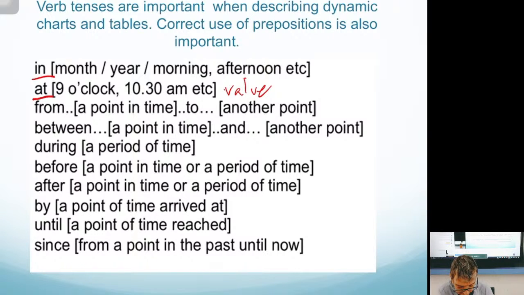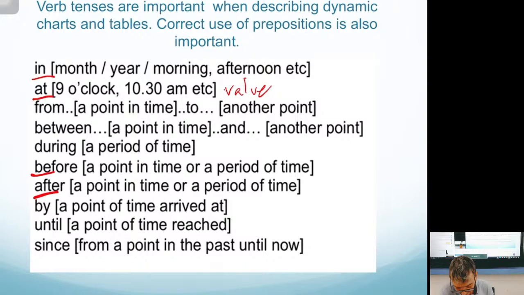From a point in time to another point in time. So this could be from October to December. Then between one point in time and another point. So between March and July, something like that. During a period of time. So this could be like during winter or some other duration, some other period of time.